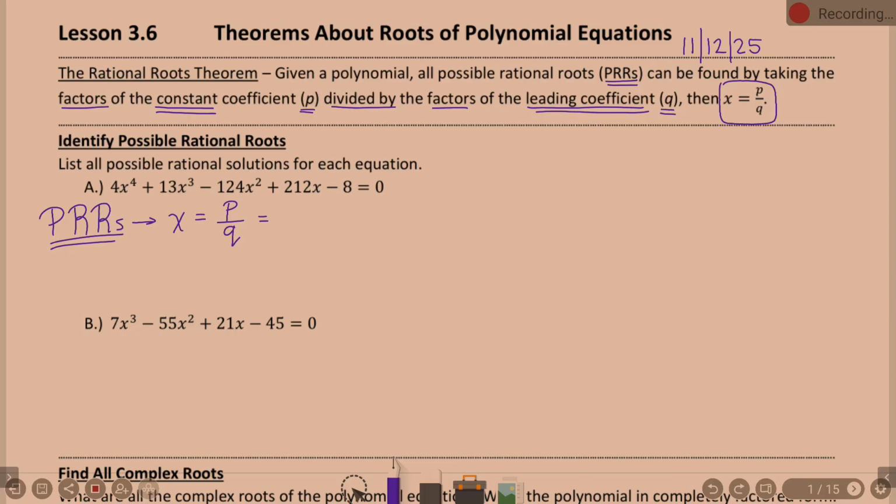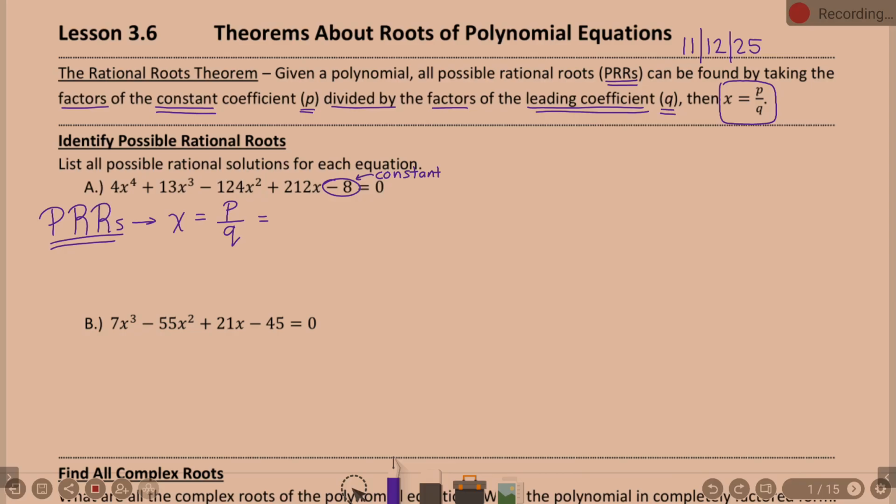Which value is the constant? No, x would be our variable. It's -8. Why is -8 our constant? Because it's the one without a variable.